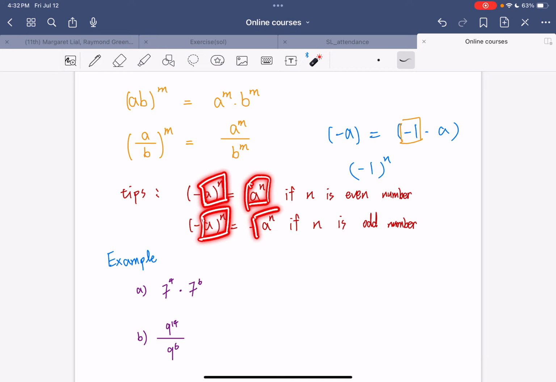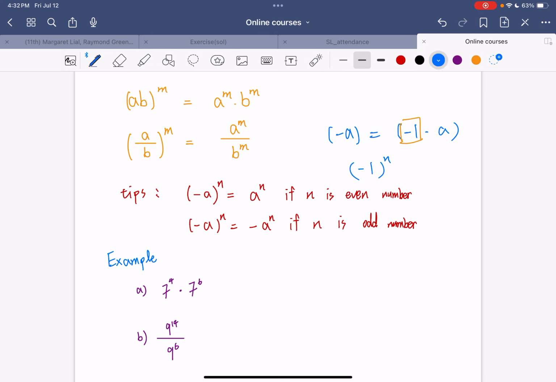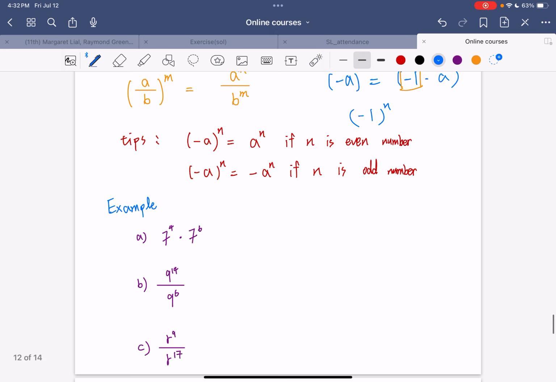So do you have to leave the negative? It's based on how many times you multiply this bracket. Okay, and that's for theory and the knowledge. Let's get into the exercise.